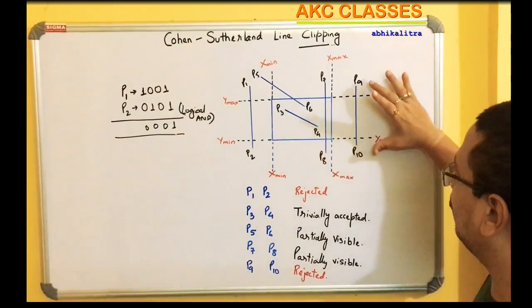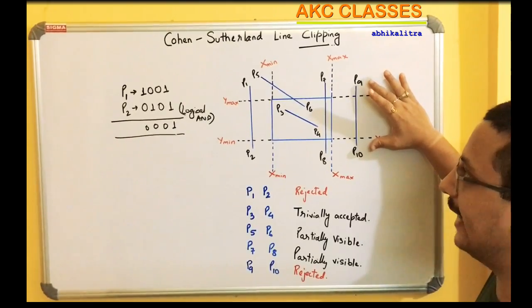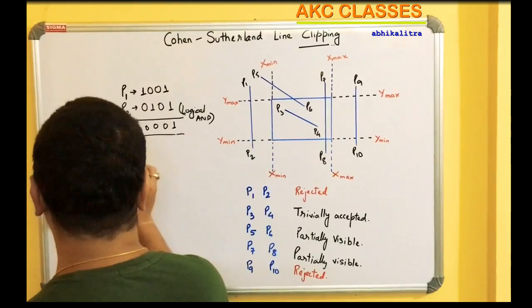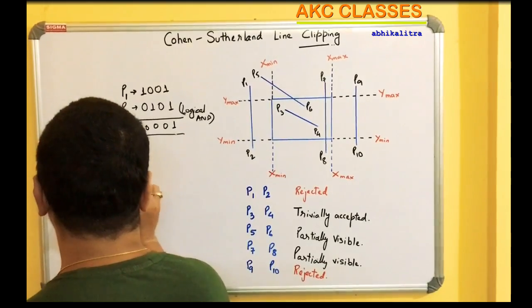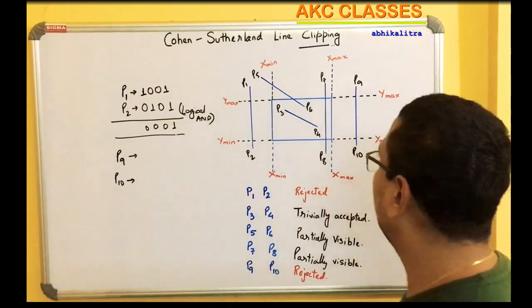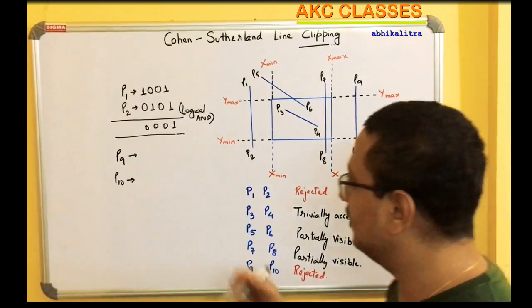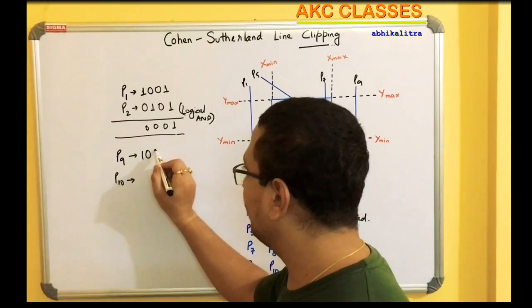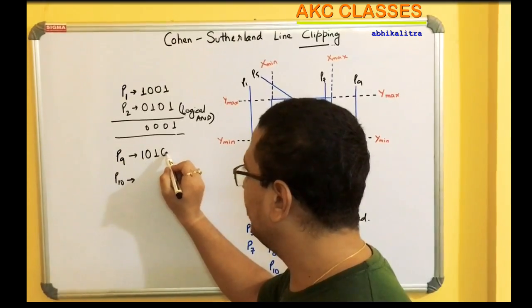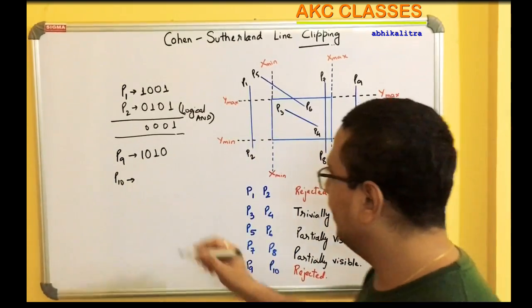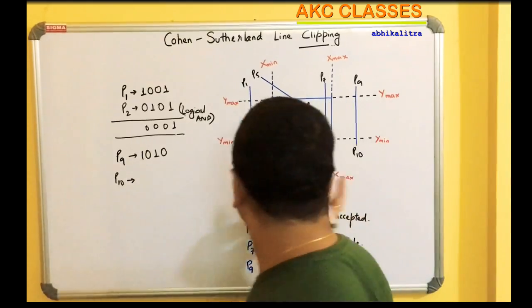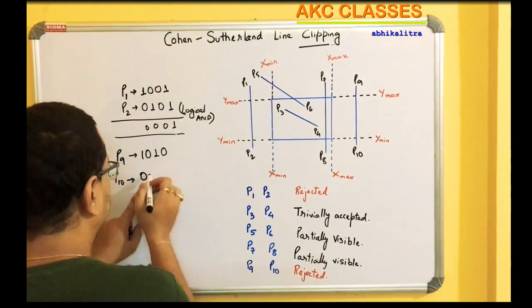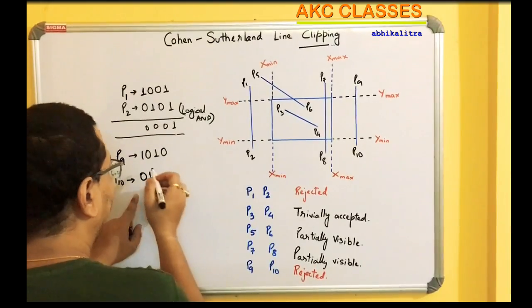We consider another one which is completely outside the rectangle boundary, P9 and P10. For P9, the region output: is it greater than Y max? Yes. Below Y min? No. Right of X max? Yes. Left of X min? No. For P10: greater than Y max? No. Less than Y min? Yes. Right of X max? Yes.